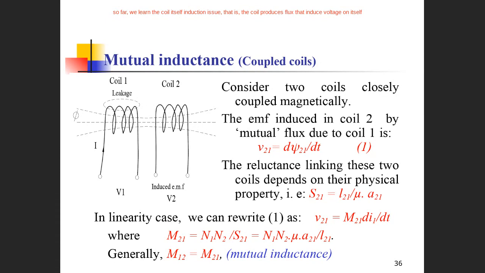Receiver, total flux, that is N2 times the flux 1.